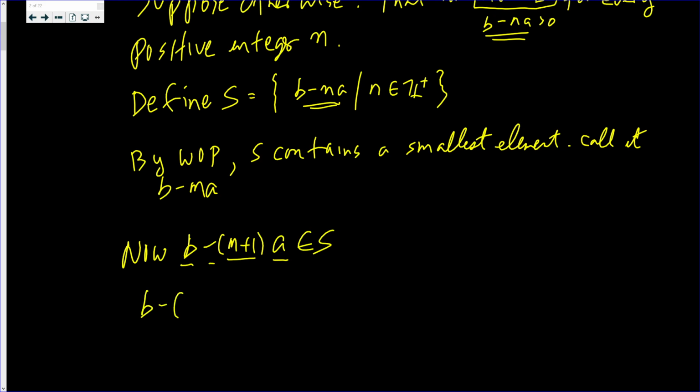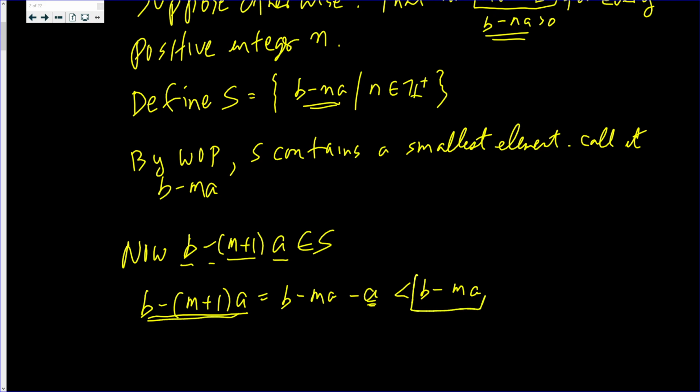But what is b minus (m plus 1)a? Well, it's b minus ma, distributing, minus a. But since a is positive, this is less than b minus ma. And this is in S. Wait a minute.